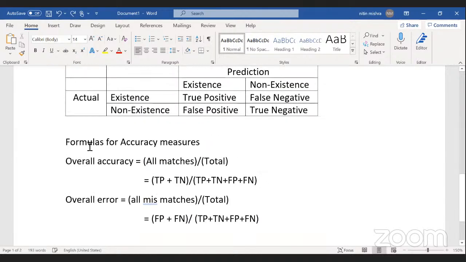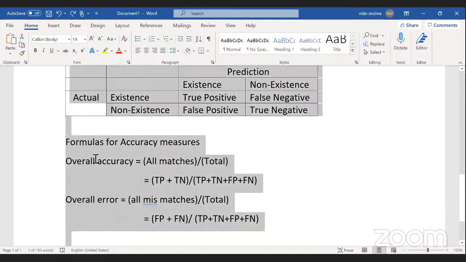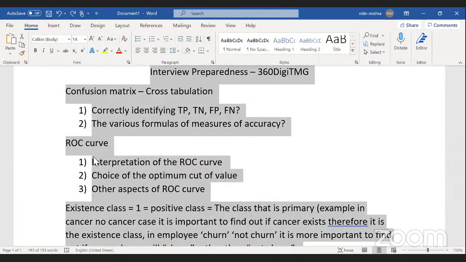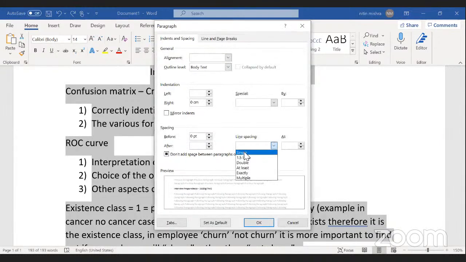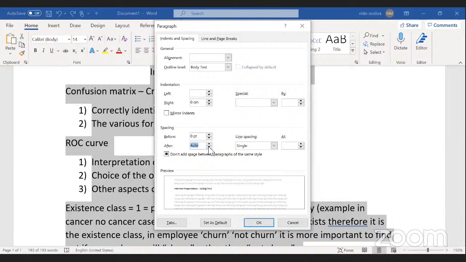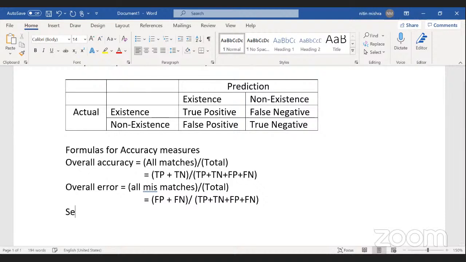maybe I can reduce the size here. Well done.